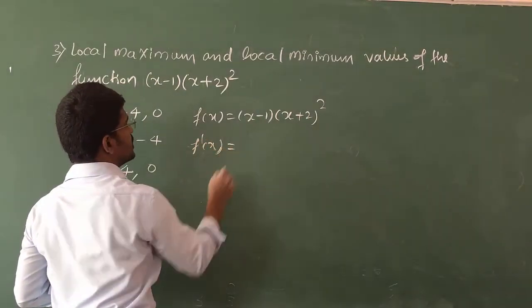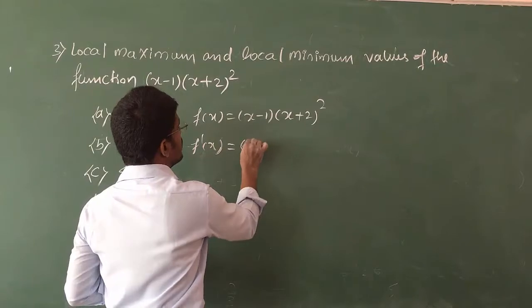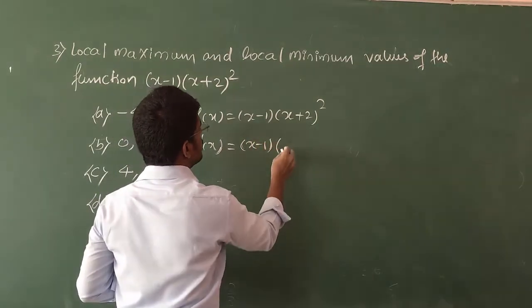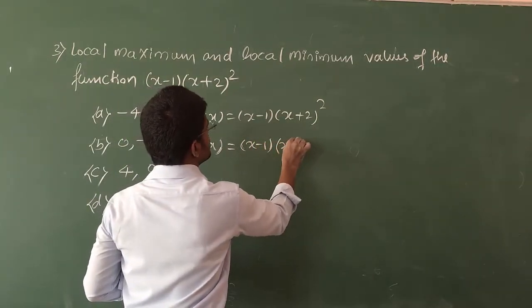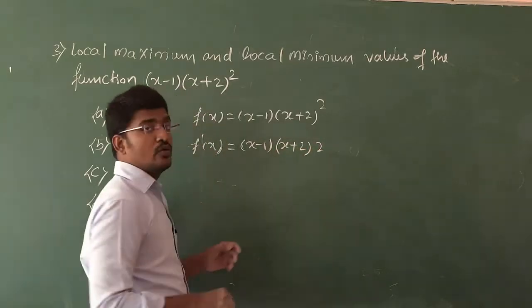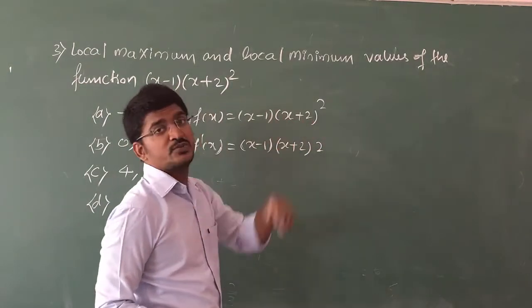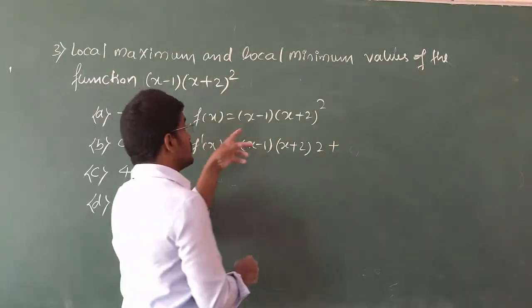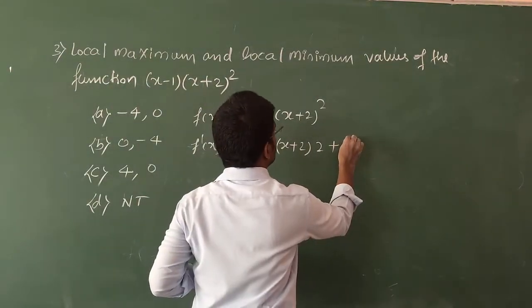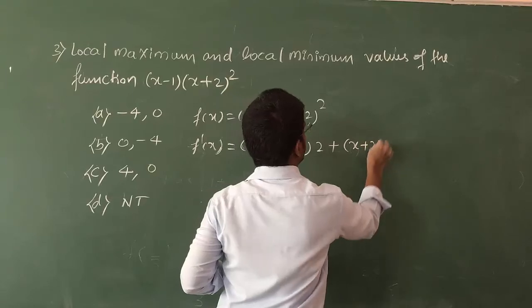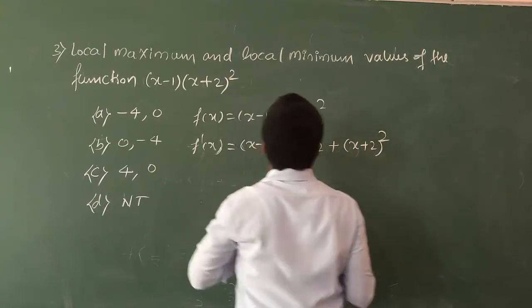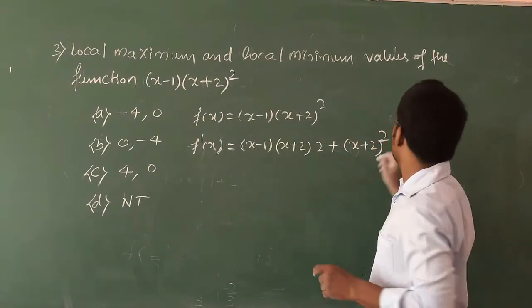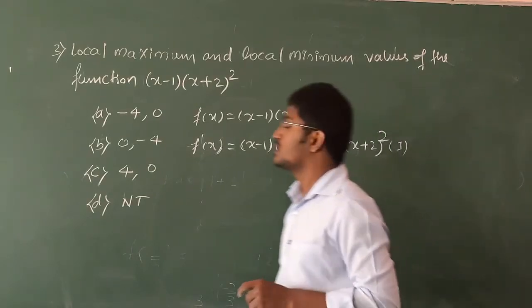F dash of x equal to x minus 1 into x plus 2 multiplied with 2. First I will differentiate this. 2 into x plus 2, it will be plus. Another one is what? You have to differentiate x minus 1. So it will be x plus 2 whole square, and differentiation of x minus 1 is 1 itself.